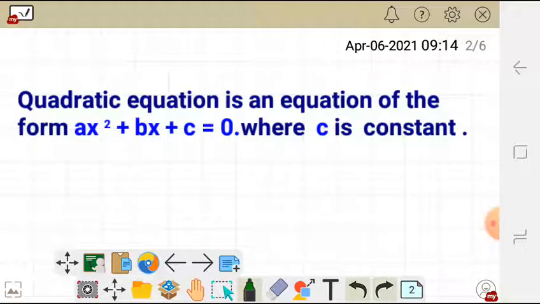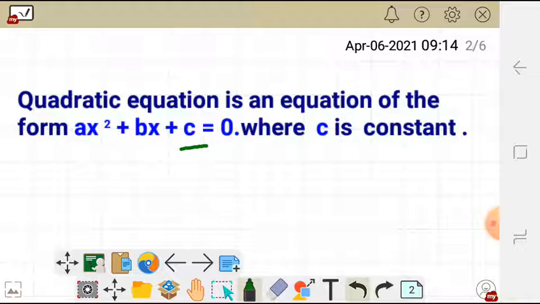So a quadratic equation is an equation of the form ax squared plus bx plus c equals 0. It has the highest power of 2, and it has a constant, c, where c is a whole number or an integer.